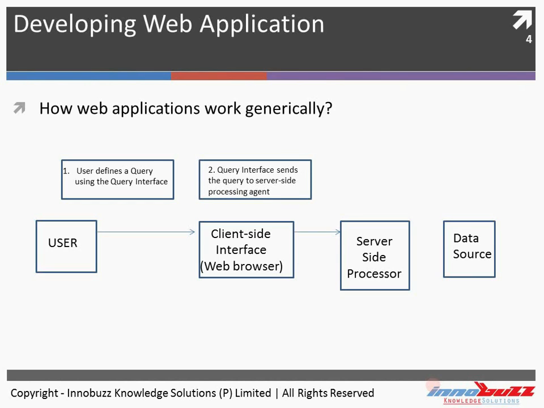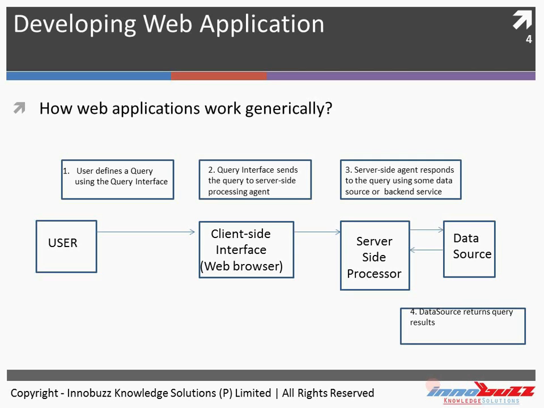Once the data is collected, the user data is sent to the web server. The web server later processes the user data using some sort of middleware or a backend service, after which the data source returns query results.